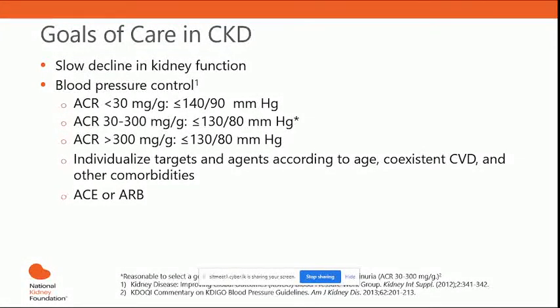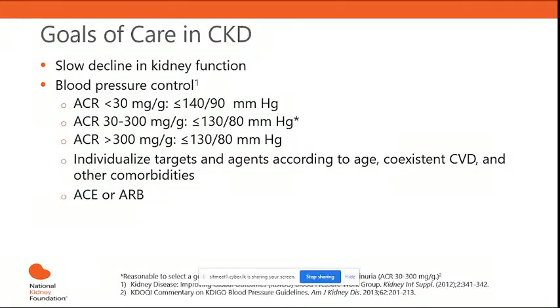If your albumin to creatinine ratio is low, your target is less stringent, less than 140/90. Whereas if your albumin to creatinine ratio is high, more strict blood pressure control is required, less than 130/80. And individualize the target and agent according to the age, coexisting cardiovascular disease and other comorbidities.